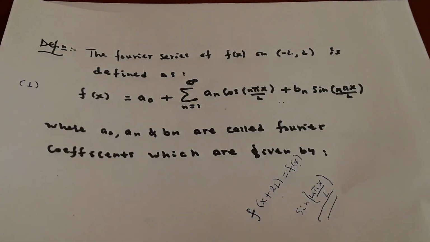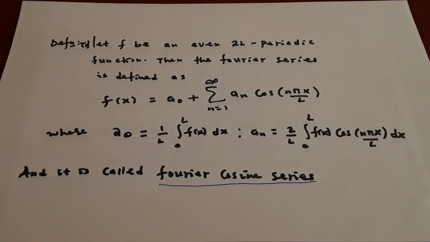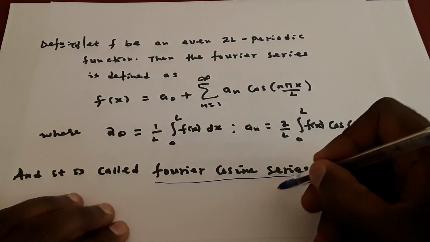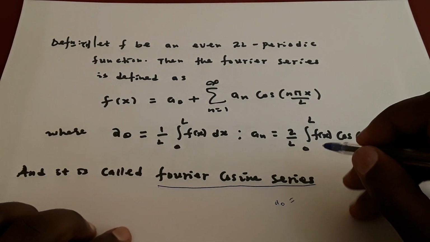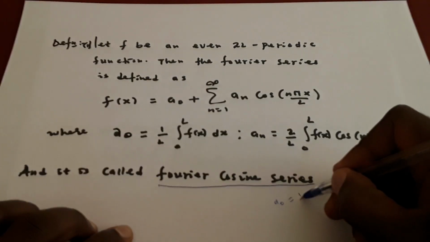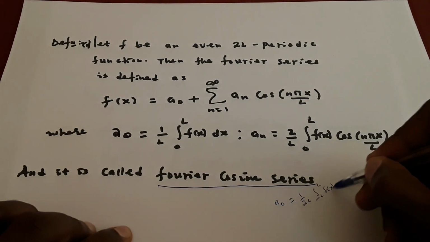But identifying an even or odd function helps us minimize the computation in Fourier series. From the fully expanded definition, a naught is 1 over 2L from minus L to L of the function f of x dx.